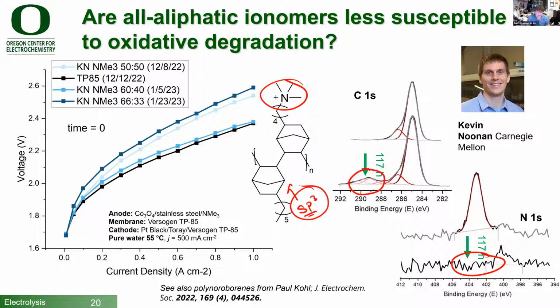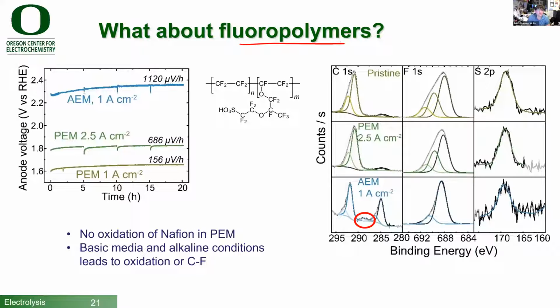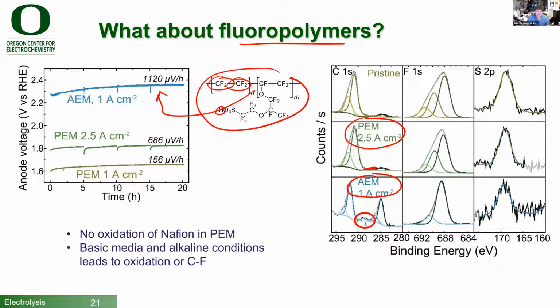We're still seeing degradation. We went to fluoropolymers as a proof of concept. So imagine you take Nafion. Nafion is a proton conductor, but we can mix some Nafion into our AEM, put it at the anode and see, do the fluorine CF2 bonds oxidize? And sure enough, if you run a Nafion anode in a proton exchange membrane environment, you don't see any oxidation, but in an alkaline exchange membrane environment, you do.